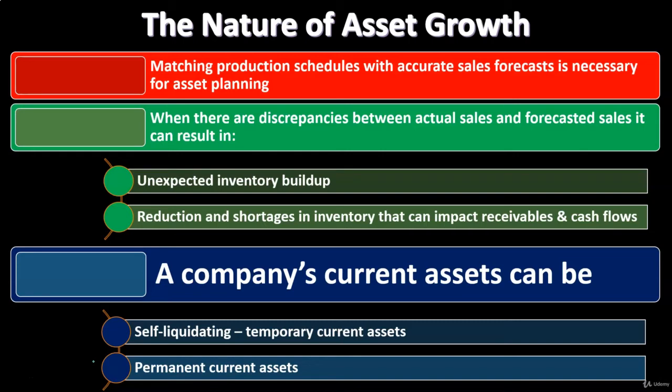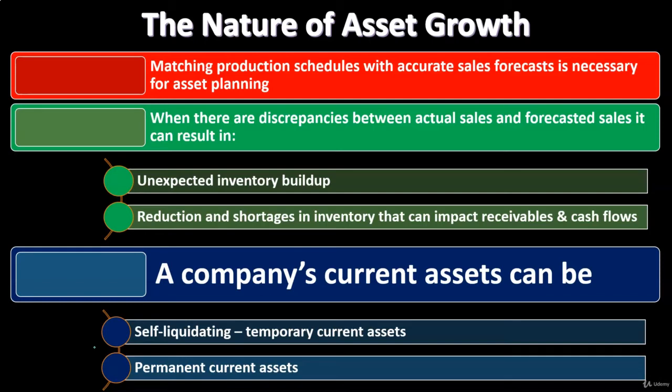And when thinking about financing something that is more permanent in nature, we might use a different type of financing strategy than for the temporary nature. The temporary current assets are going to be those assets that we don't expect to churn over. They might result from seasonal spikes in sales.